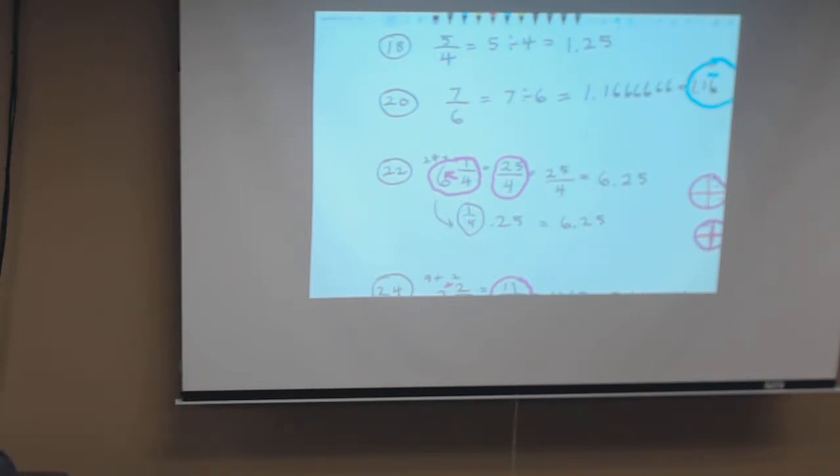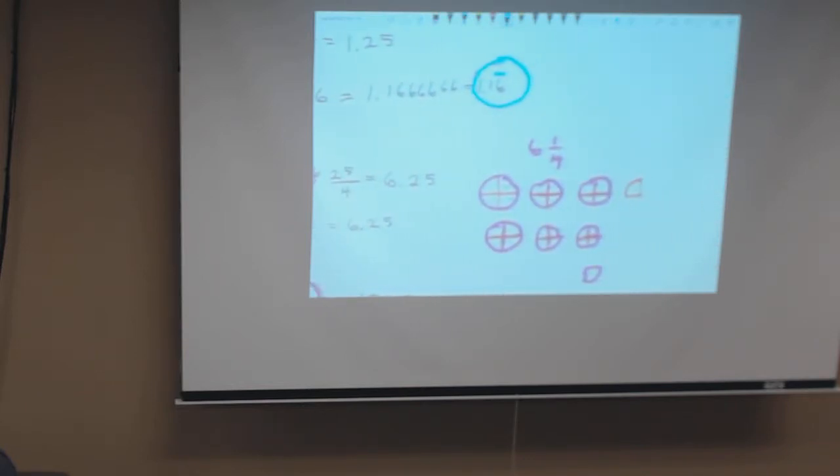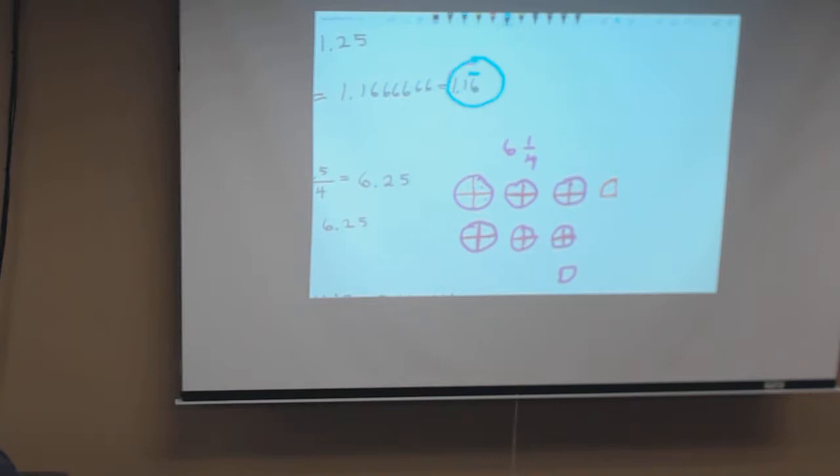Number 22. Oops, now we're doing these mixed numbers. 6 and 1/4 would be what? See how I did that the other day? 1, 2, 3, 4, 5, 6, and then 1/4. So that would be 4 fourths each, 24 fourths, and one more would be 25/4.